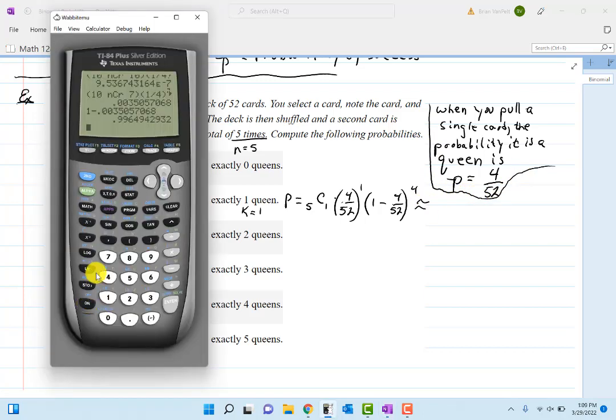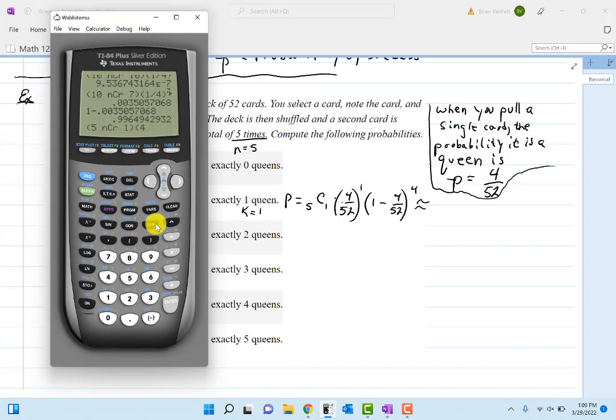I think I'm going to start a whole new one now. I like parentheses around my 5C, so I'm going to put 5. Let me get to my math, PRB. Then I want number 3. For this problem, I want a 1, so let me put a 1. Finish the parenthesis.